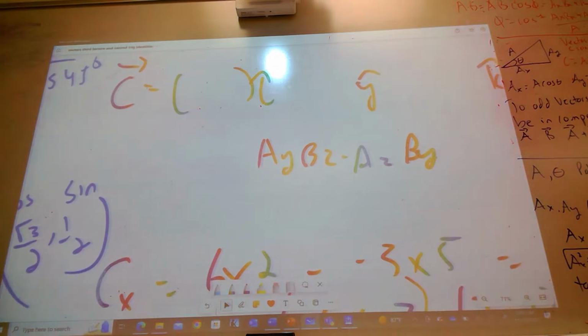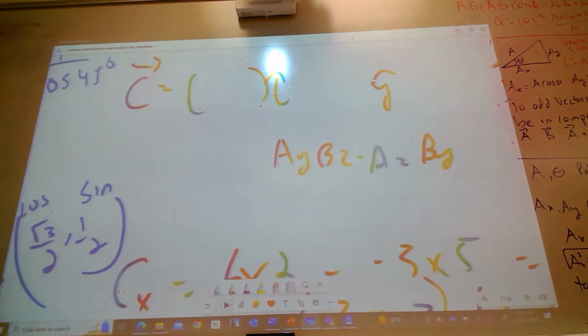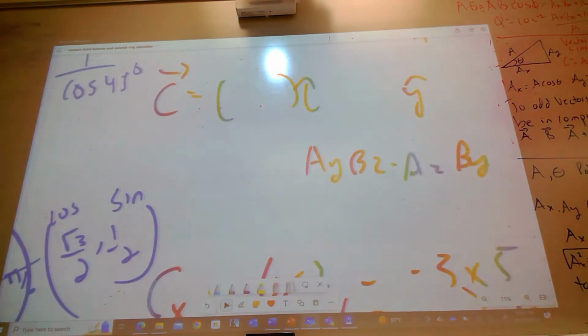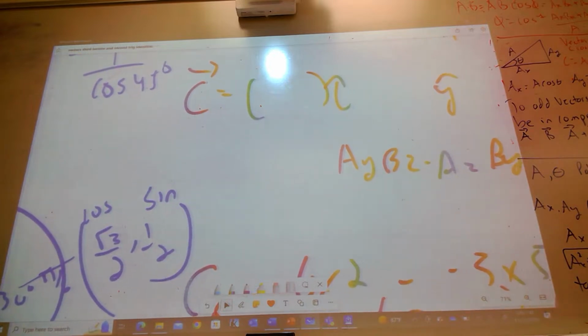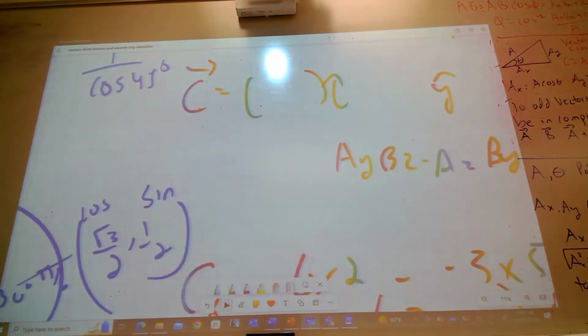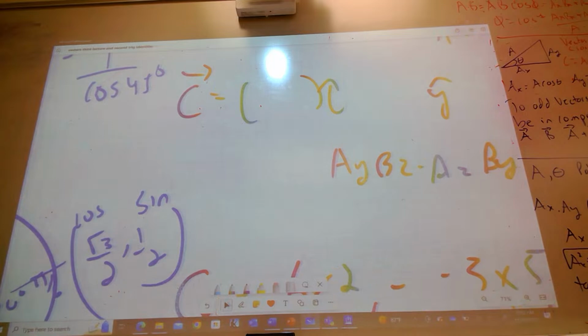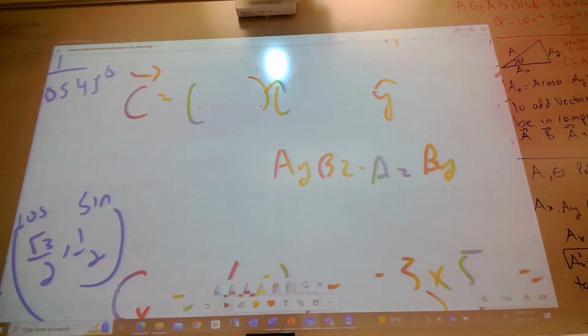That's going to be 6 times 2 minus negative 3 times 5. And you do the second one, and you do the third one, and then you put your answer C. C should have an I, a J, and a K.